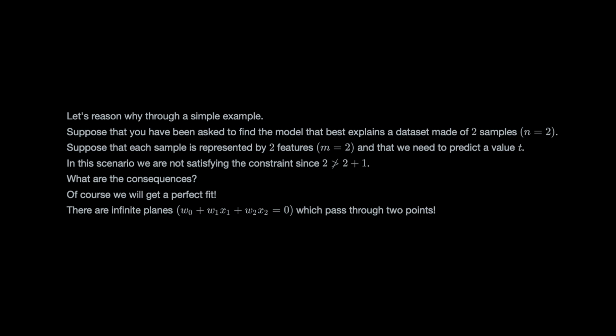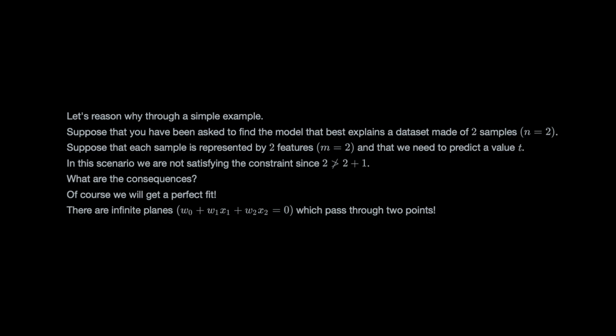Suppose that you have been asked to find the model that best explains a dataset made of 2 samples, n equals 2. Suppose that each sample is represented by 2 features, m equals 2, and that we need to predict a value t. In this scenario, we are not satisfying the constraint since 2 is not greater than 2 plus 1. What are the consequences?